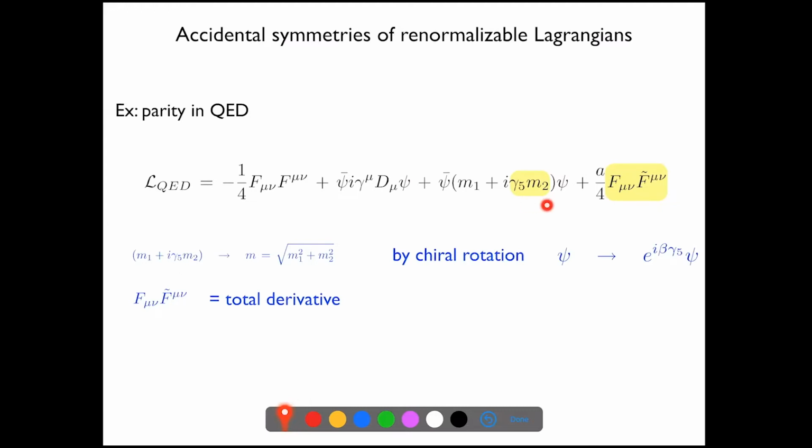In fact, it doesn't look parity invariant, but you can always redefine your variables by a chiral rotation to make it manifestly parity invariant. Or if you want, there's a certain definition of parity under which this is invariant. As concerns this other term here, it is a total derivative.